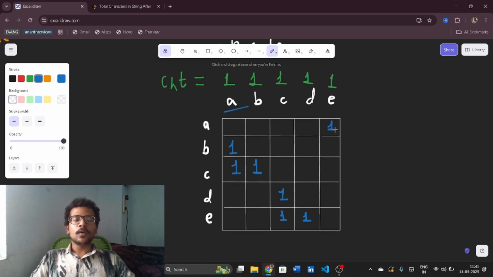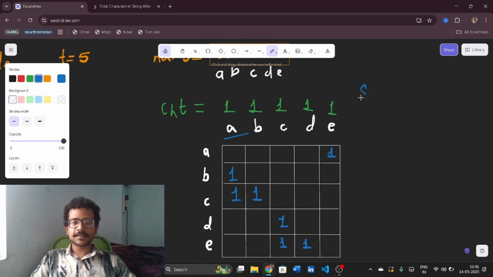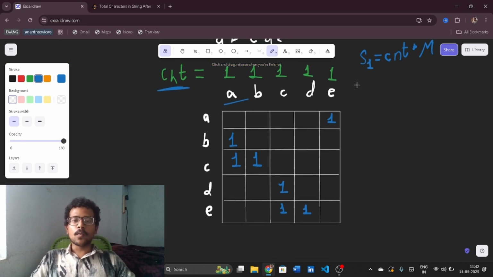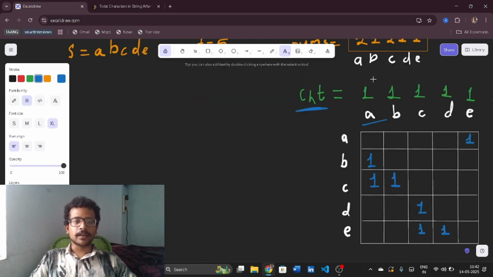Okay. Now I am saying that S1 will be something like the count array into the matrix. It's confusing, but let me write it. Count array into matrix. Now let us see what I'll get for S1.